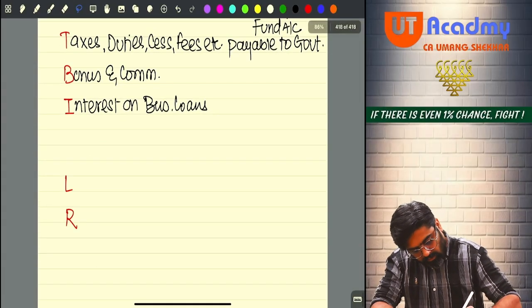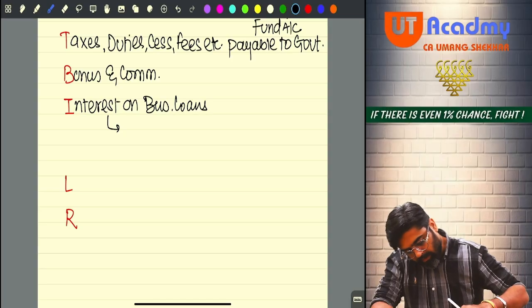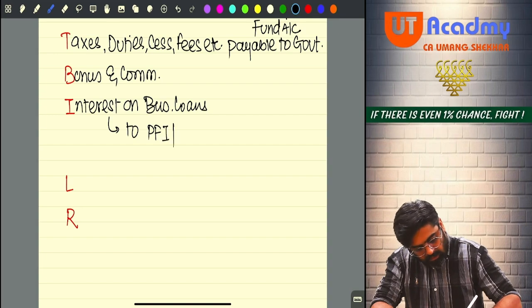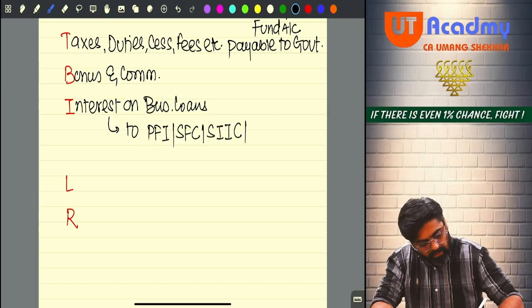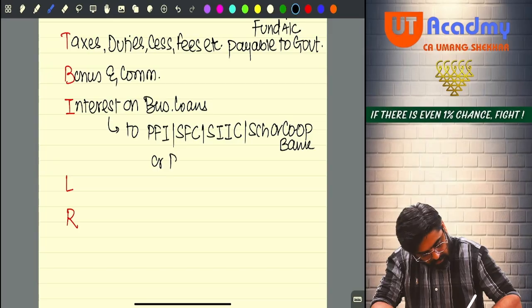This interest on business loan is to be given to a public financial institution, state finance corporation, state industrial investment corporation, any scheduled or cooperative bank, or banking NBFC.